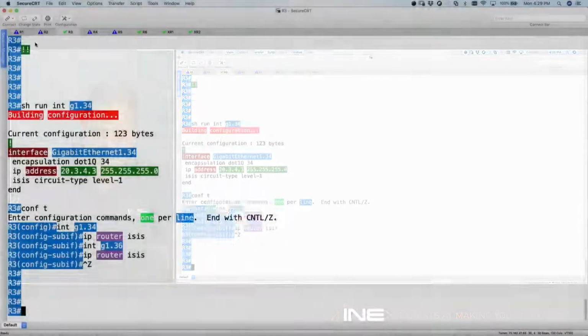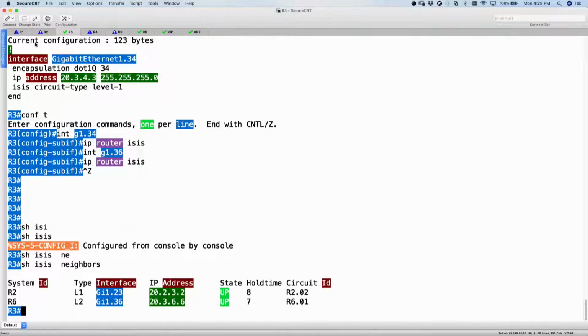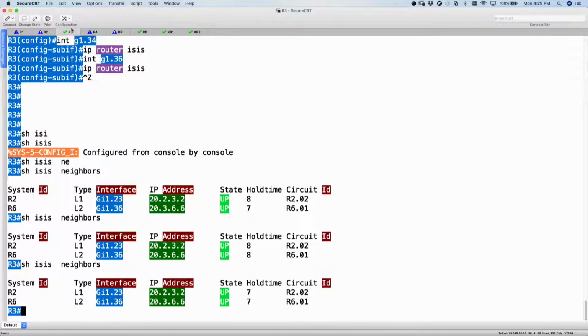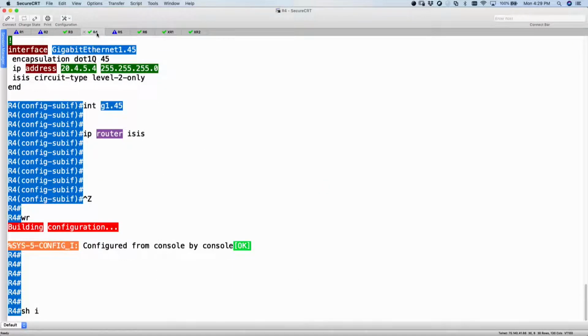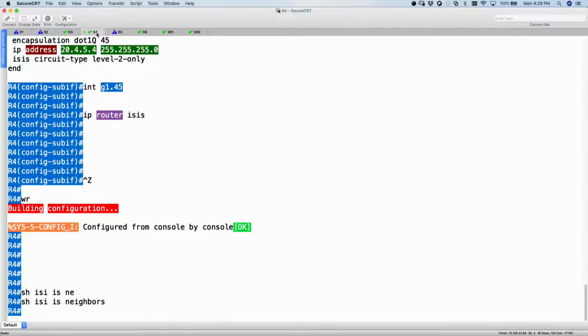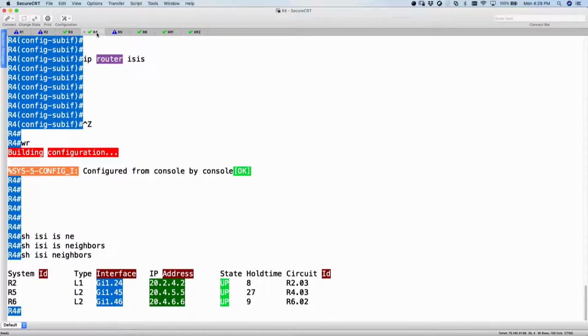So I should see full adjacency now. I have with R6 now. I should have with R4 also. Let's check R4 also. Show ISIS neighbors. So I have neighborship with 2, with 5, and with 6.